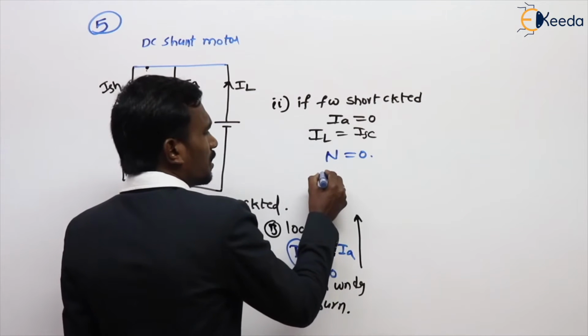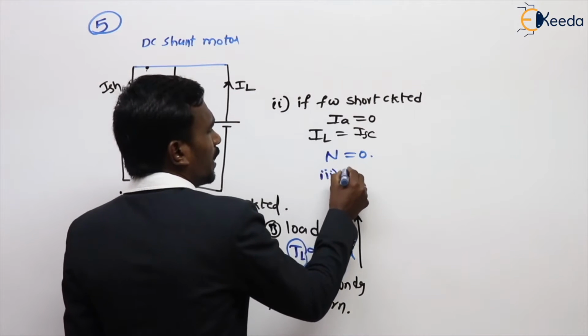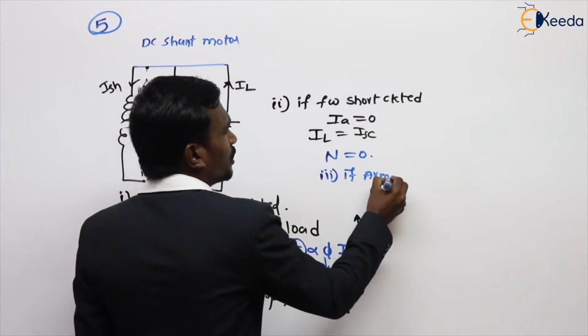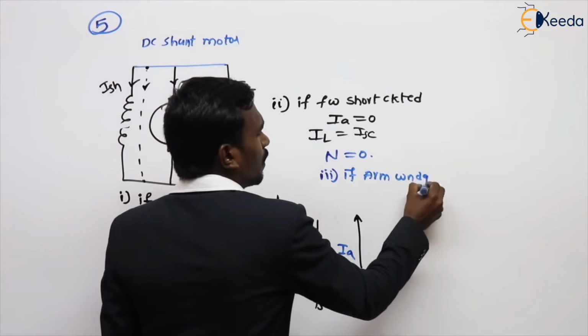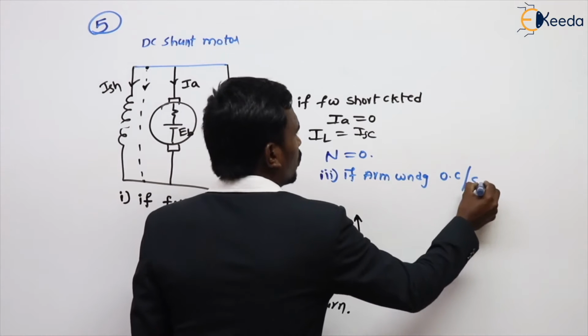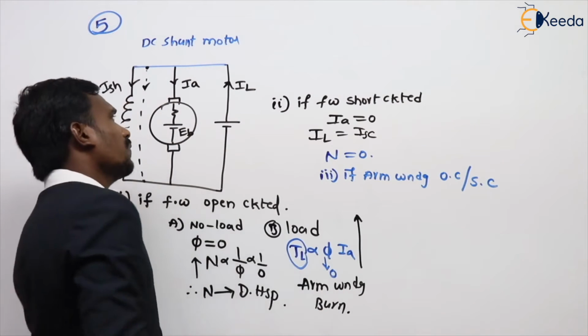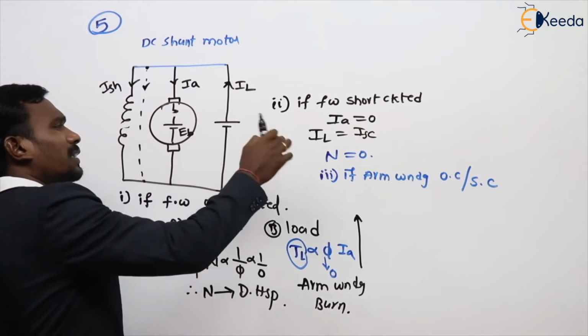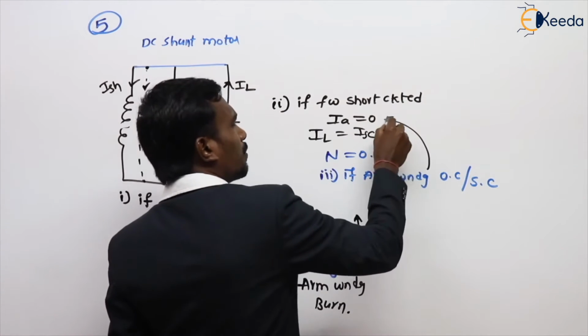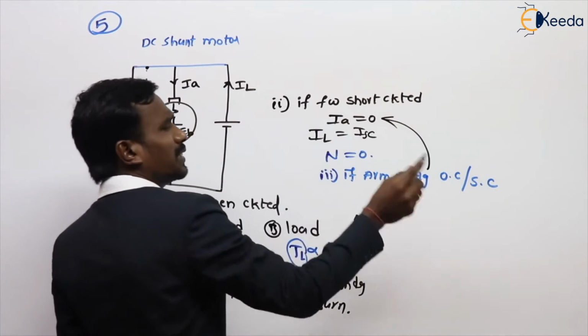And the third question: if the armature winding is open circuited or short circuited. If the armature winding is open circuited, there is no Ia, no armature current, hence the speed is 0.